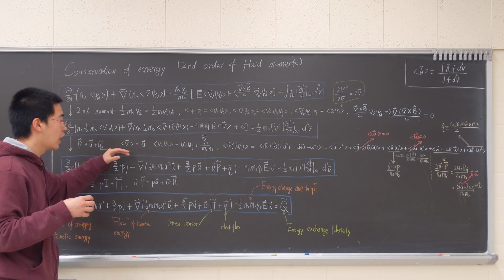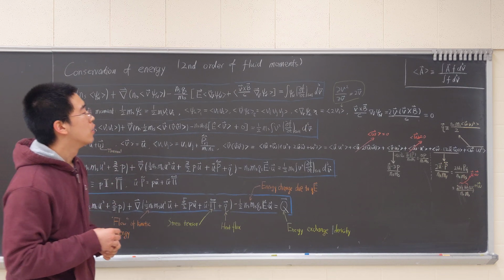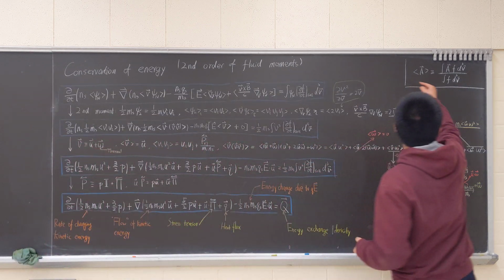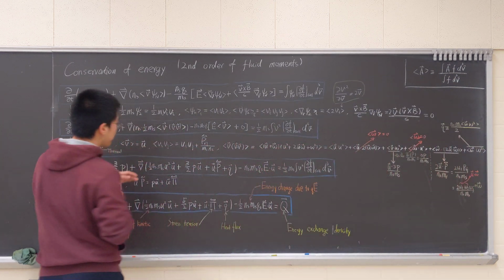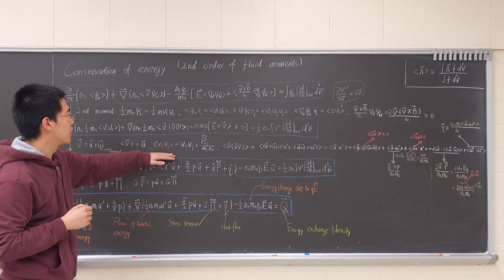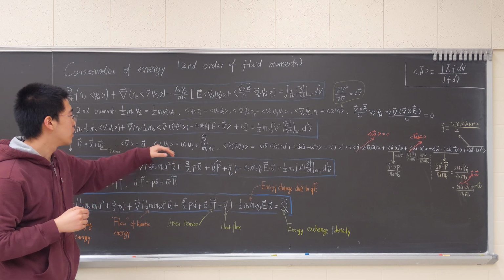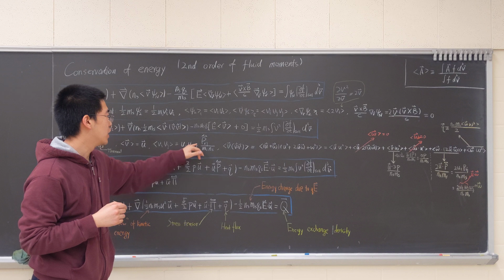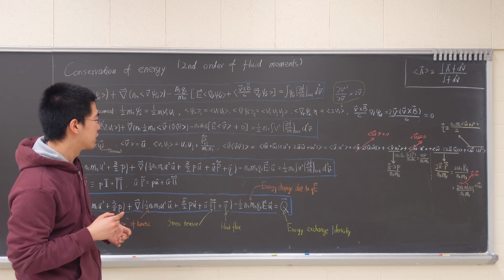So we know that the average over V will be U. Here is the definition of how we're going to do averaging. From the previous video, we know that if we average to the second order, we will have Ui Uj plus Pij over Ms Ns.